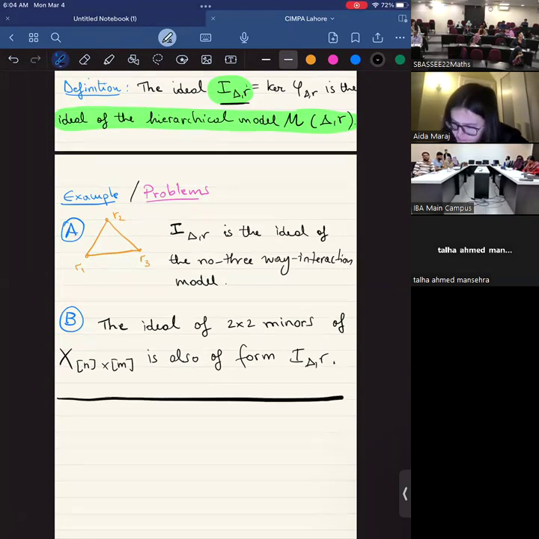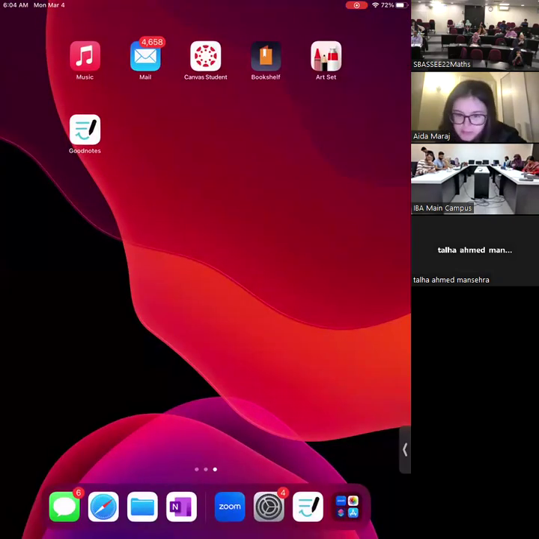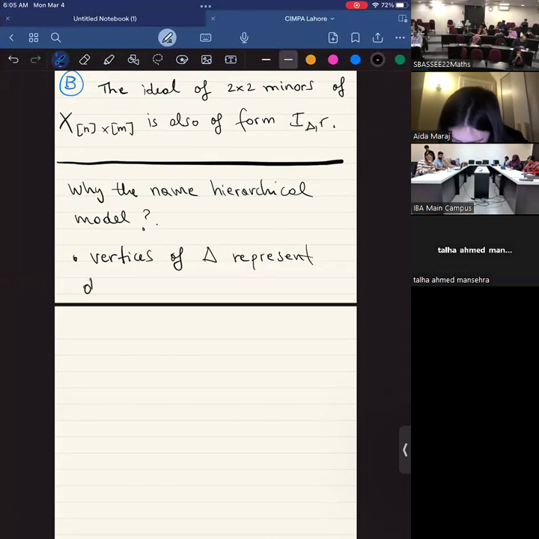Basically the vertices of Δ represent discrete random variables.